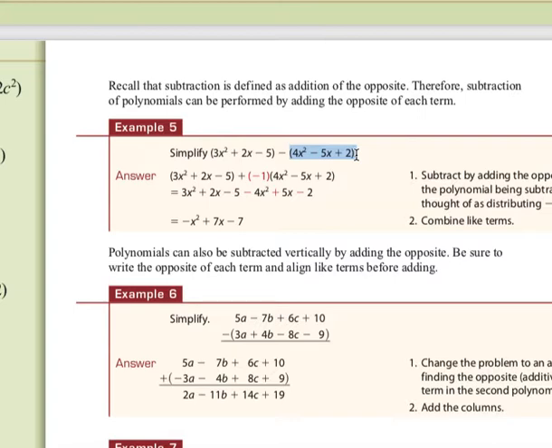So 2 minus 5 is the same as 2 plus negative 5. Okay, they are the same thing. So it could be easier for you to just add the negative of each of these terms because we know how to add, and then you just make it the opposite.